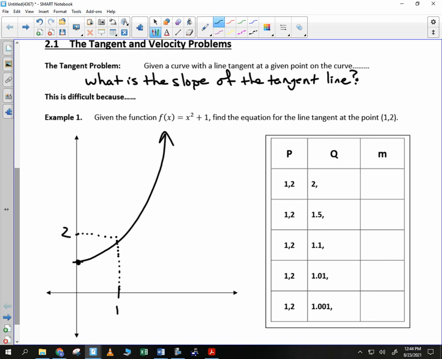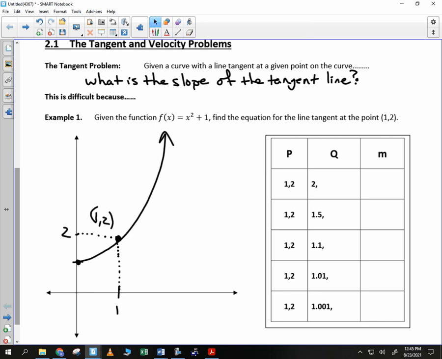Does everybody agree that it passes through the point 1, 2? How do we know it passes through the coordinate 1, 2? Because if you plug in 1, you get 2, right? 1 squared is 1 plus 1 is 2.